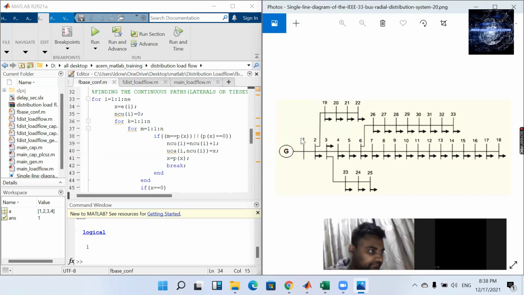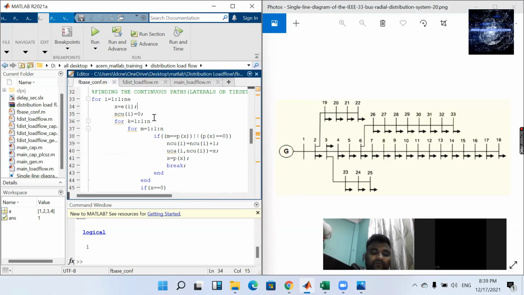So here we get 18, 17, 16, 15, and 1. For each in node, we have to calculate the precedence nodes up to the starting node.